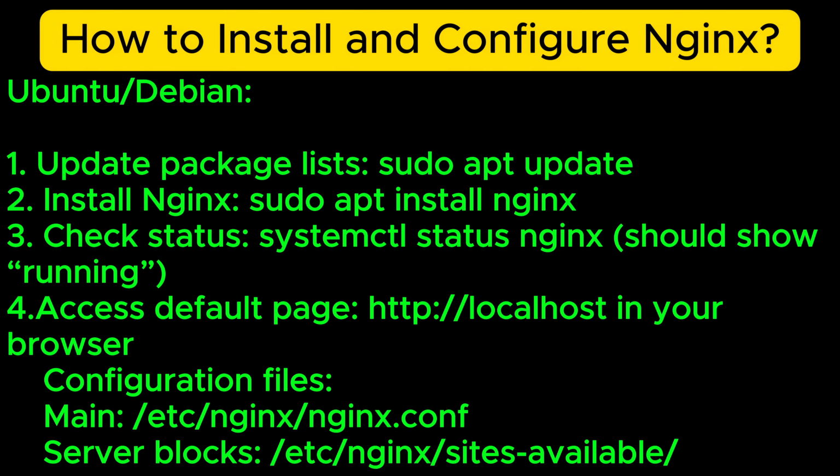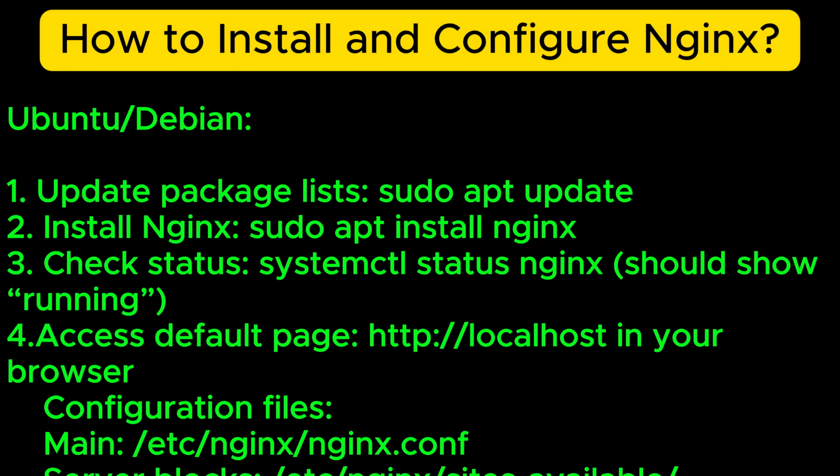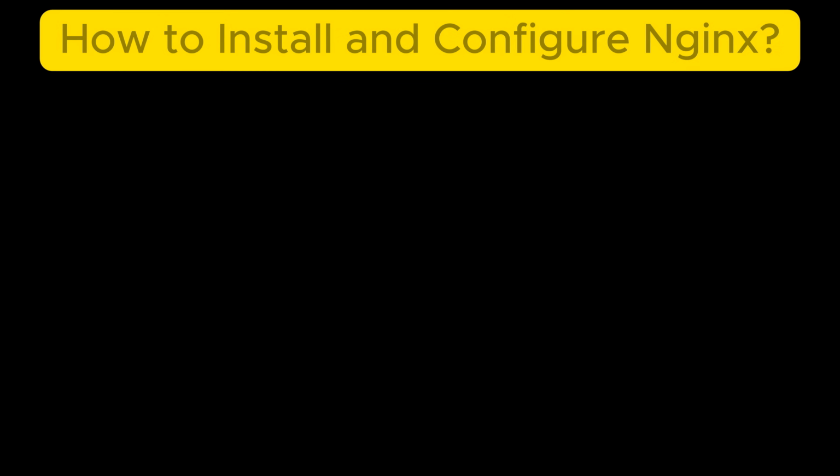Then you have to install Nginx with sudo apt install nginx. Then you can check systemctl status nginx to see whether it is running or not, and if it is running, you can just open http://localhost in your browser and you will be able to see it. Other than this, I will show you how to start it if it is not running after installation.